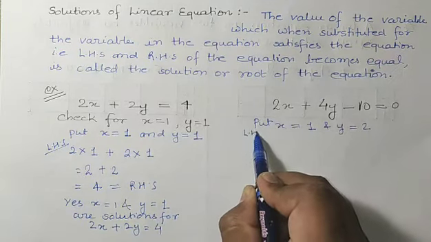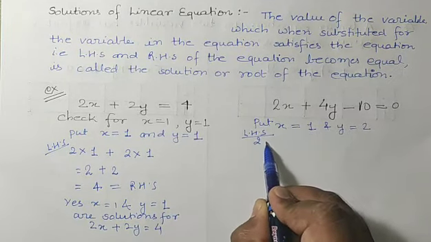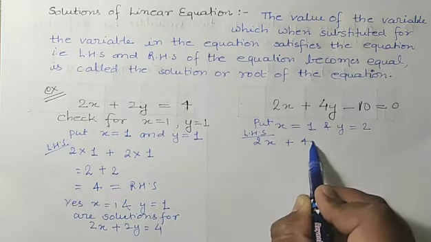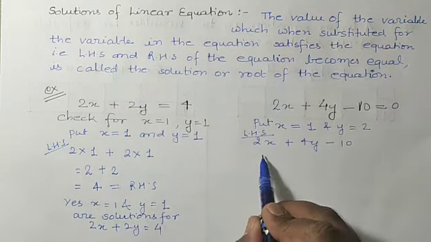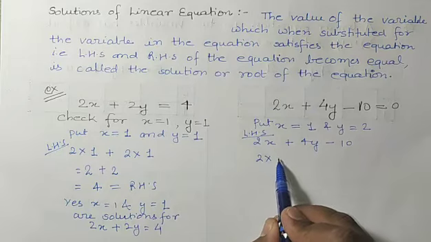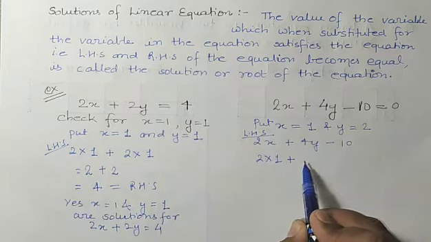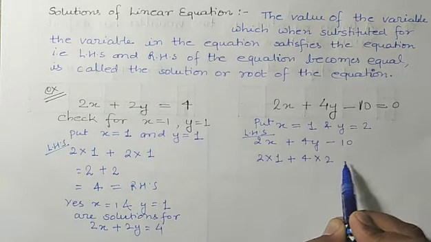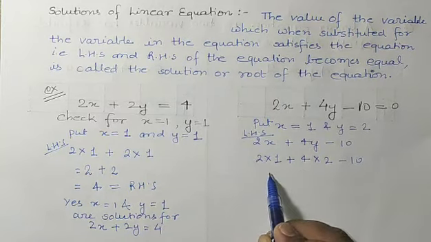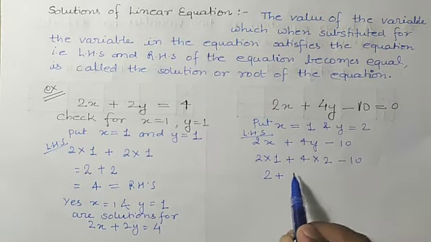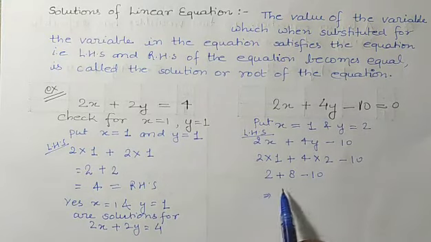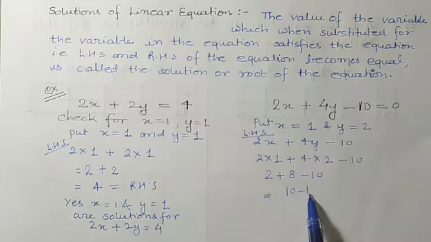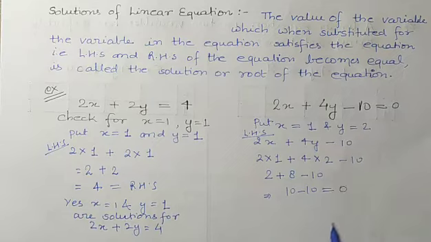Here we are solving the left hand side. Left hand side is what? 2x plus 4y minus 10. So at the place of x, 1 is there, at the place of y, 2 is there. So 2 ones are 2, plus 4 into 2, that is 8, minus 10. 8 plus 2 is 10, minus 10 is equal to 0.